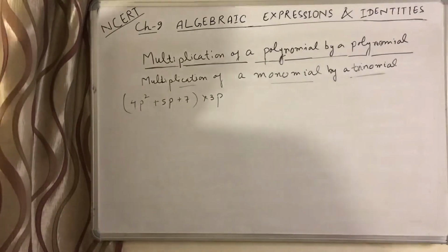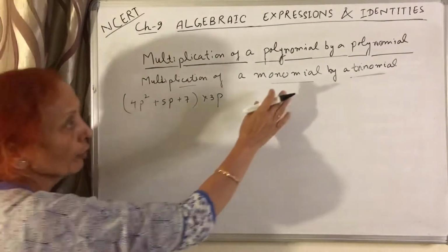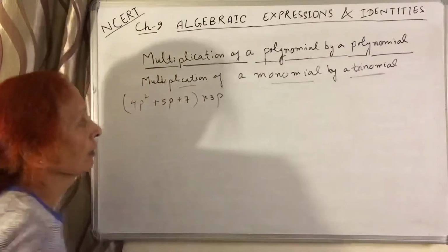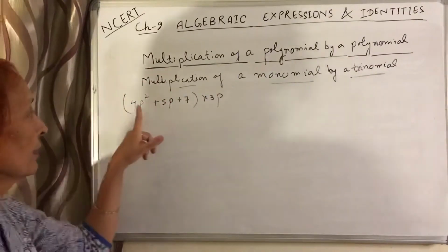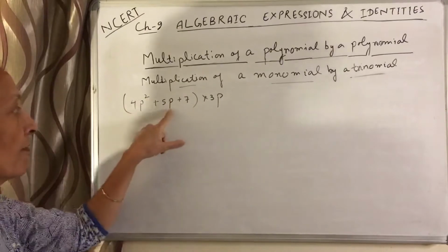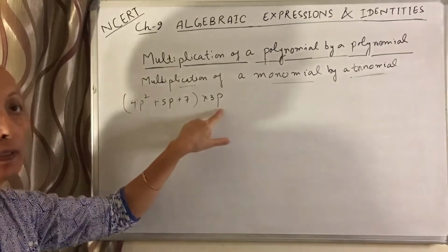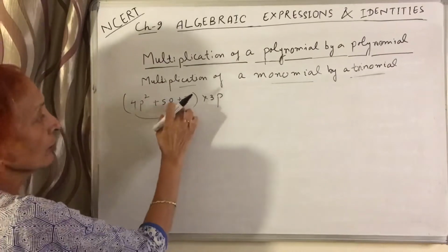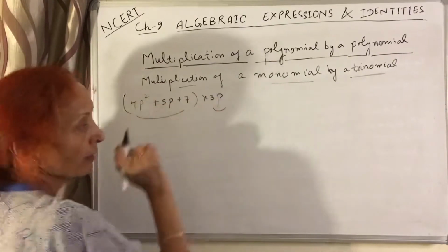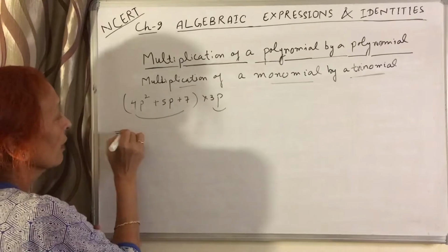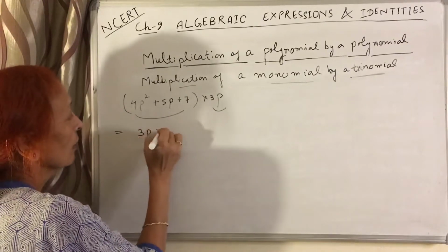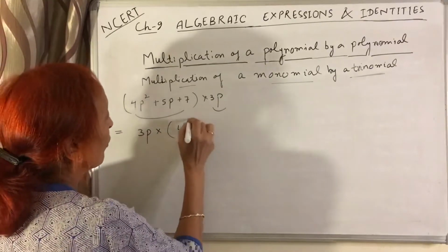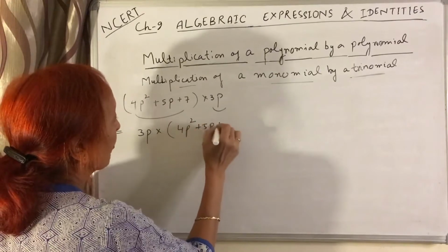Next is multiplication of a monomial by a trinomial. Say we take the example 4p square plus 5p plus 7 into 3p. This is a trinomial having three terms, 1, 2, 3, and this is a monomial. I can write this as 3p into 4p square plus 5p plus 7.